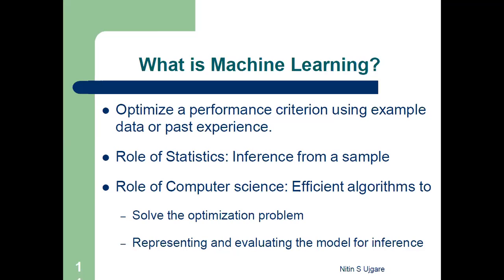The role of statistics is to infer meaningful information from the sample data, whereas the role of computer science is to construct and use efficient algorithms to solve the optimization problem and to evaluate the model to extract meaningful information that really helps us to take business decisions.